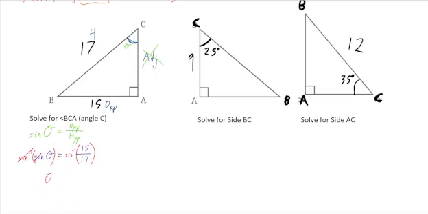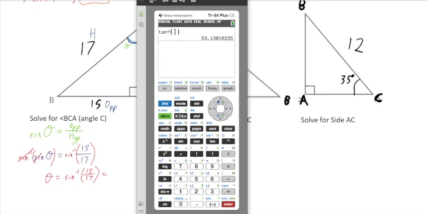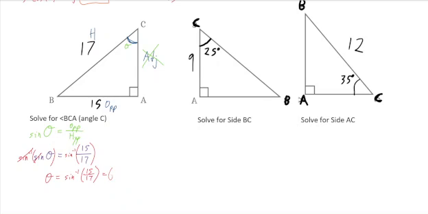So now we're left with theta equals sine inverse of 15/17, which when we type it into our calculator, whoops, that's not a helpful button, there you go. When we type it into our calculator, we get 61.9. So 61.9 degrees.